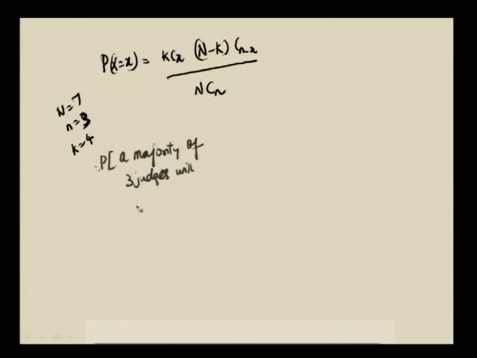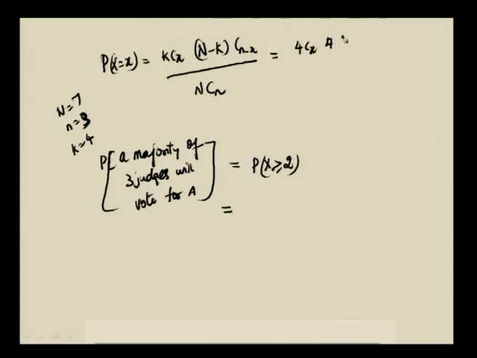Probability that a majority of the 3 judges will vote in favor of A is equal to P(X greater than or equal to 2). As I already told you, this is greater than or equal to 2, because more than 1.5 gives the majority. Substituting the values: 4Cx times 4C(3 minus x) divided by NCn, that is 7C3.